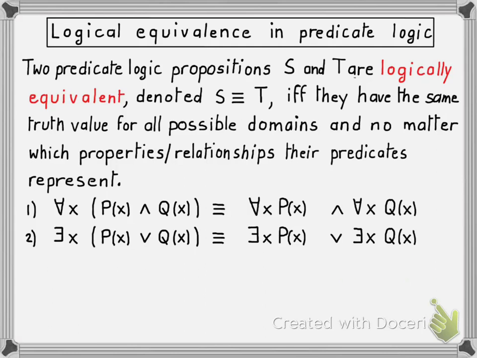And the reason for that is if this is true, that means there must exist at least one x for which this disjunction is true. And a disjunction is true if either the first operand is true or the second operand is true. In other words, there must exist an x for which p of x is true or for which q of x is true. So intuitively, those two propositions are indeed equivalent.